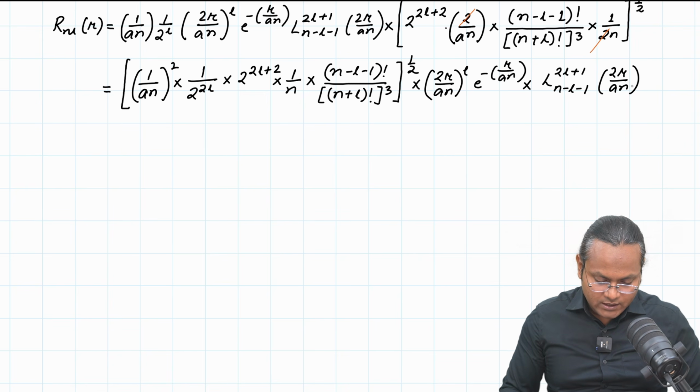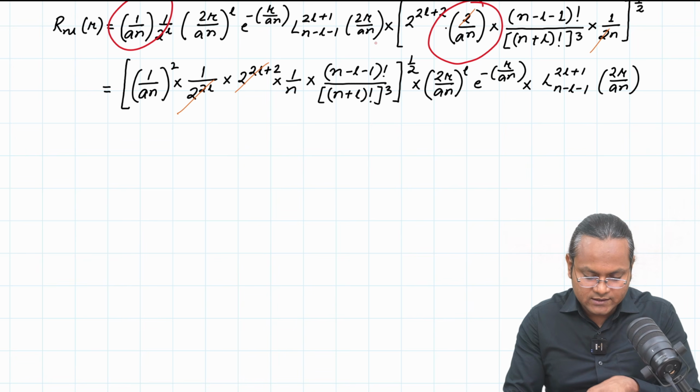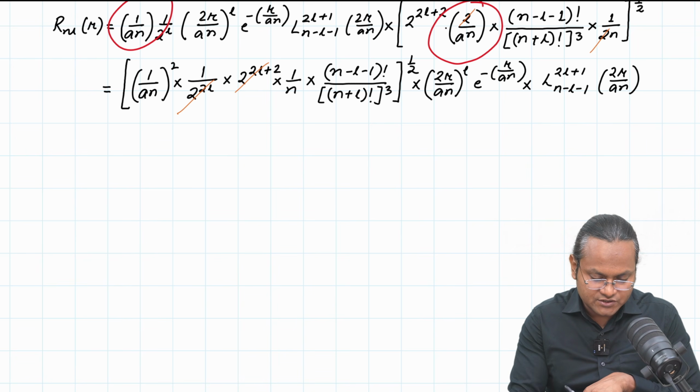Okay, so here how can we simplify it further? 2 to the power 2l gets cancelled, and there is this particular term here that I did not include anywhere, so I need to include this. So 1 upon a_n square, and then this is also 1 upon a_n, so this is essentially going to become cube. Okay, let's take a quick look again that all the expressions are in order.